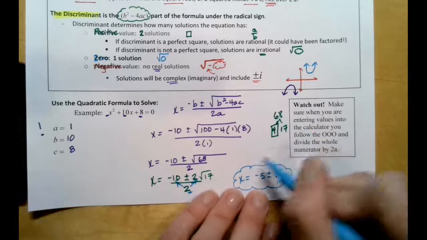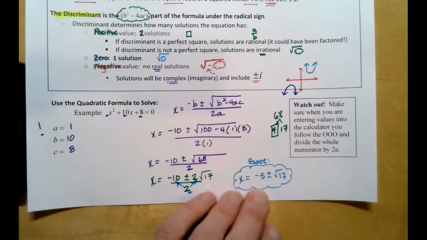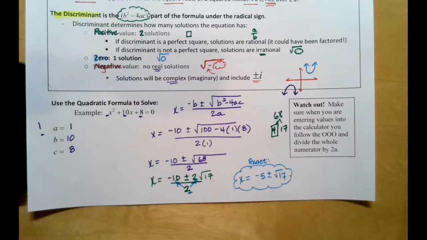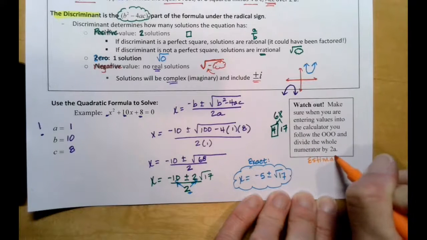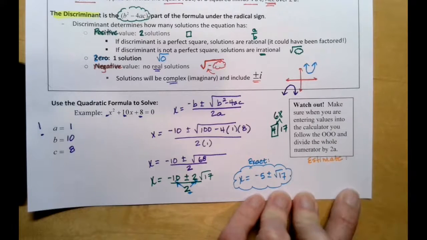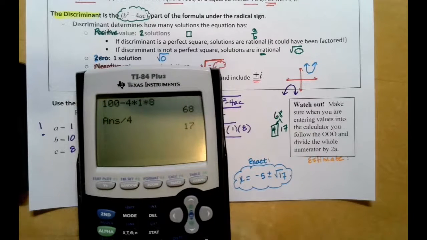Now, if somebody asks you to round or estimate your answer, you have one more opportunity for feedback. Somebody might say to you, that doesn't really help me a lot. Can you estimate your answer? Sure, absolutely. So I'm going to grab my calculator again, and I'm going to say negative 5 plus the square root of 17.